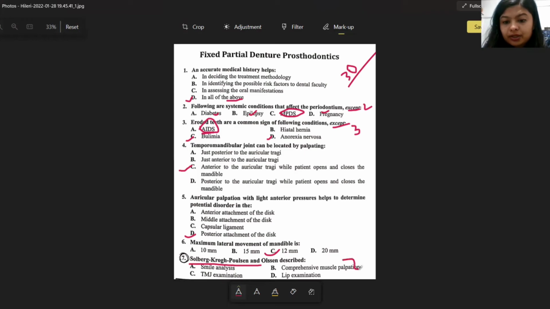So in such questions you will not attempt it, okay? Where you have no idea, do not take random risk. Okay, but just to let you know, they had described the comprehensive muscle palpation, and these MCQs are for prosto PGs, not meant for you guys. Okay, so avoid it. I just used it to convey my message to you all.